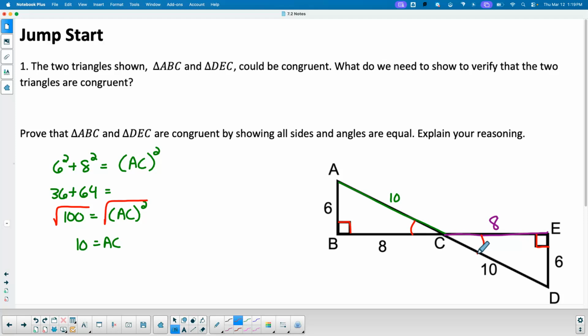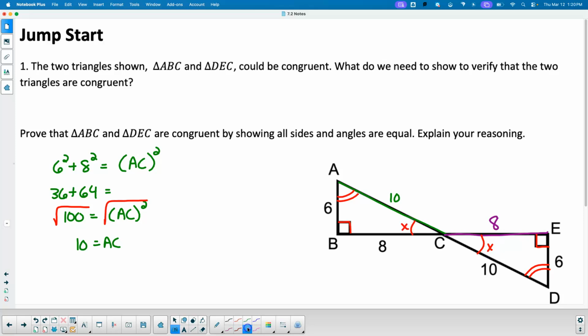Okay. All right. What do I know about angle A and angle D? So whatever the vertical angles are, can we call them just x for right now? Yeah. Okay. So if that one is x, then this one is x, right?